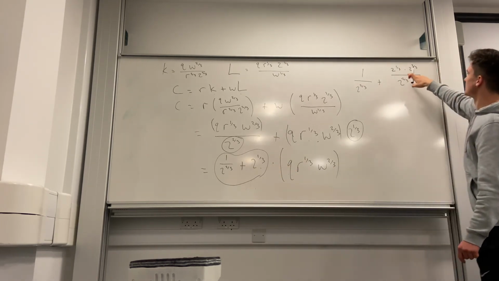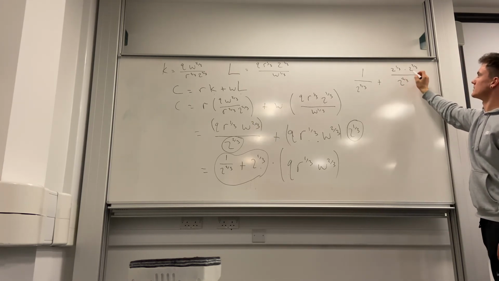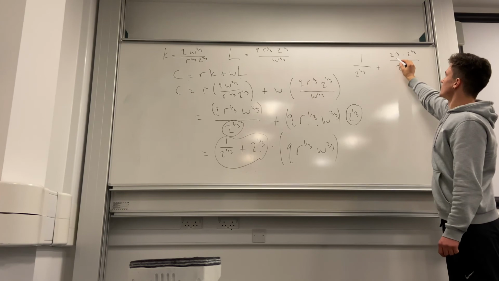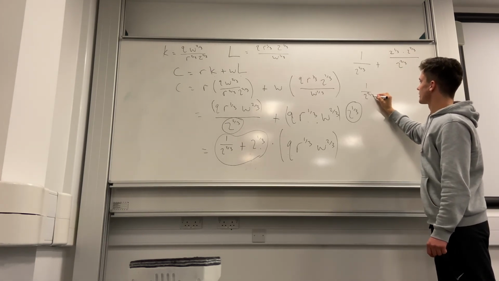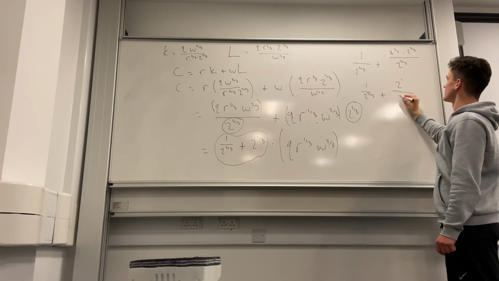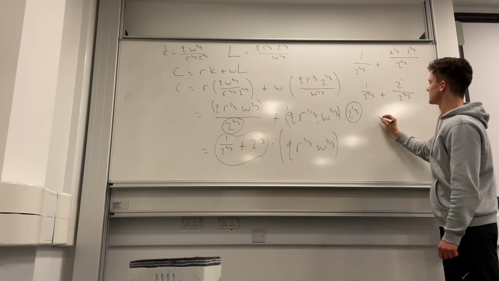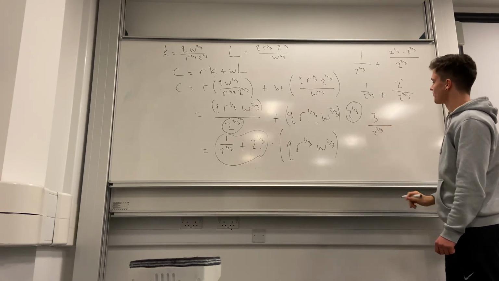And then for this, since we've got the bottom denominator, we add them together, and that times that becomes 2 to the power of 1, so we end up with 1 over 2 to the power of 2 over 3 plus 2 to the power of 1, which is just 2, over 2 to the power of 2 over 3, so we end up getting 3 over 2 to the power of 2 over 3, which is our answer for that.